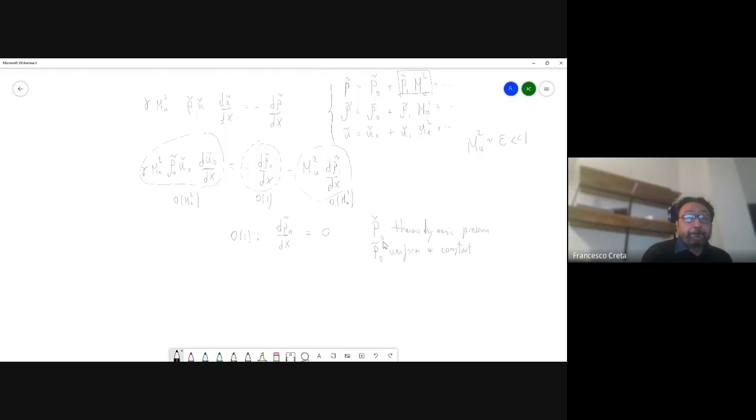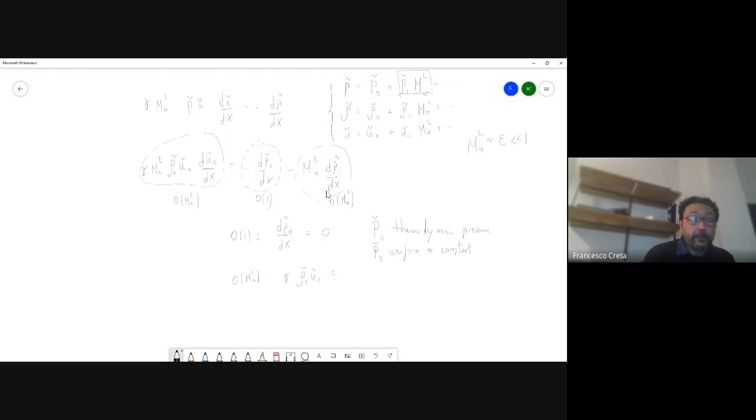And you also have an order Mach squared term. And so here and here is where you have to compare. So it's essentially gamma. The Mach obviously cancels, and you have rho 0, u 0.